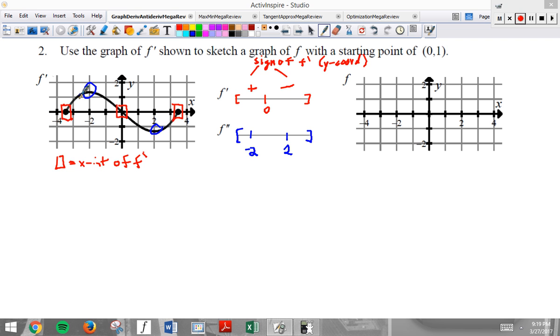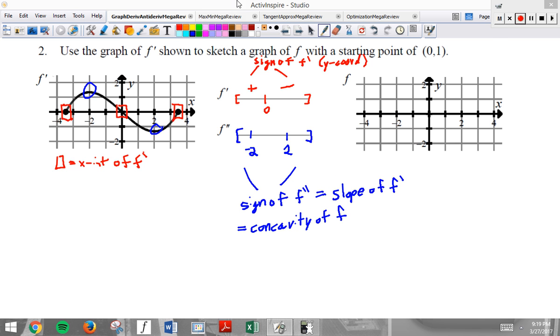Before that, the slope based on the sign of f double prime equals concavity of f. The slope of f prime equals concavity of f.